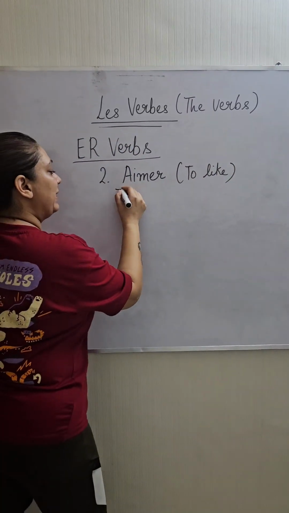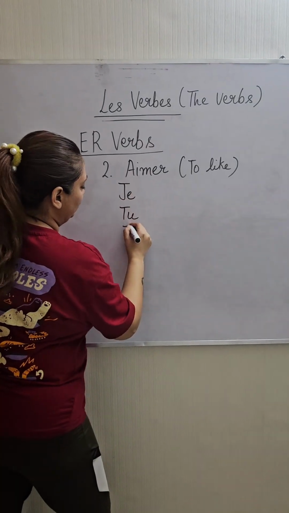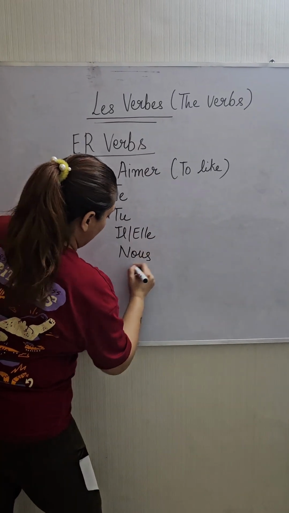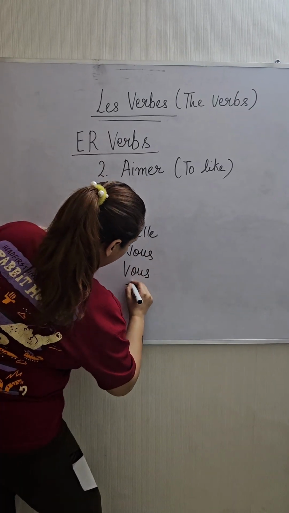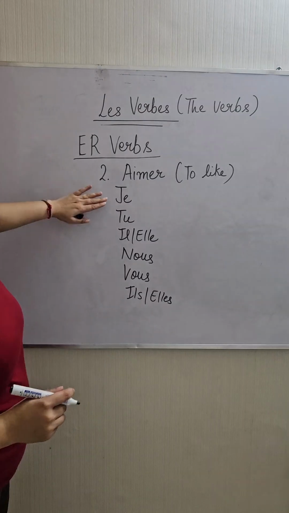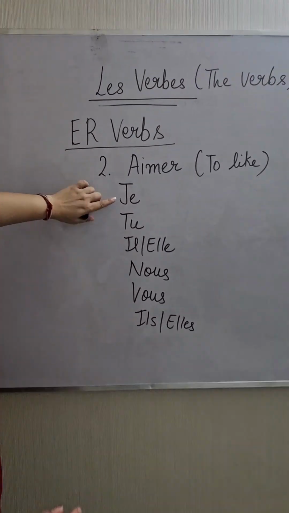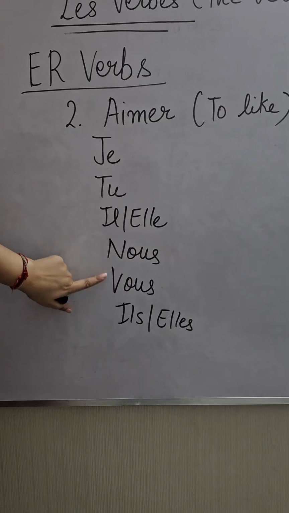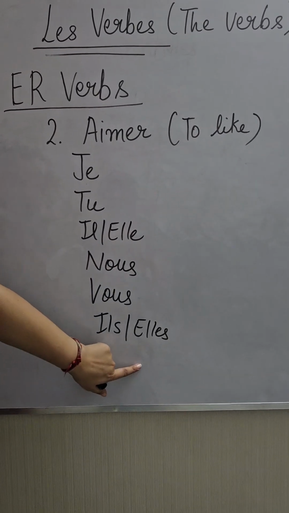So again, a similar pattern: I'll use all the subjects. I'll write it in the same chronology, and then I'm going to conjugate the ER verb. So you can see that I have written all the subjects here in the same chronological order. Je, tu, il, elle, nous, vous, ils, elles, plural.